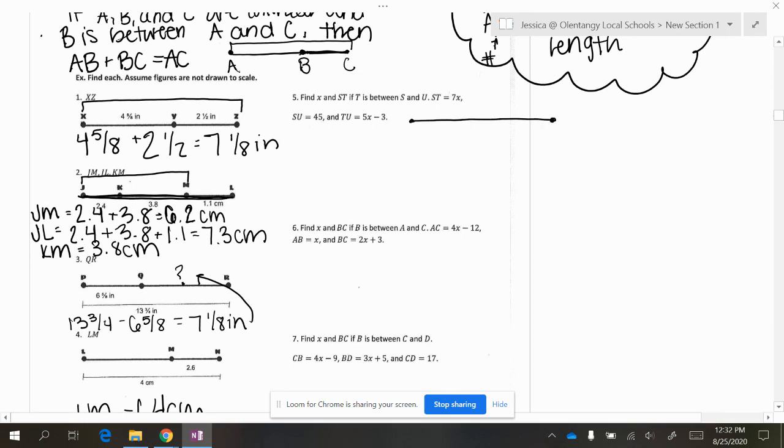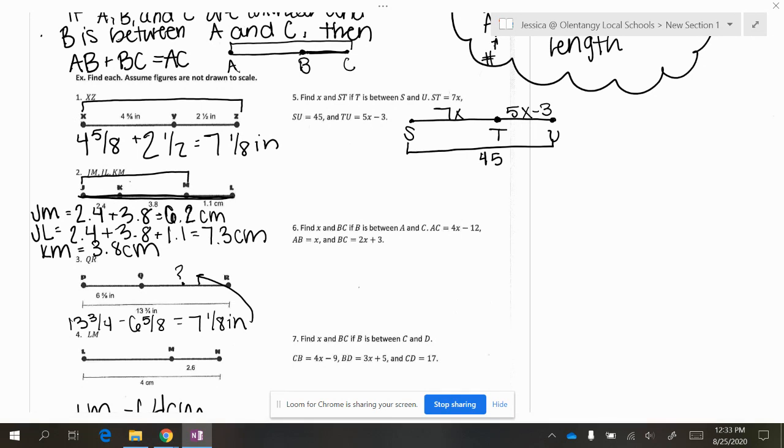So T is between S and U. So putting 3 dots on here, T is between S and U. If ST equals 7X, SU, so the whole thing, is 45, and TU is 5X minus 3. We have to find X and ST.